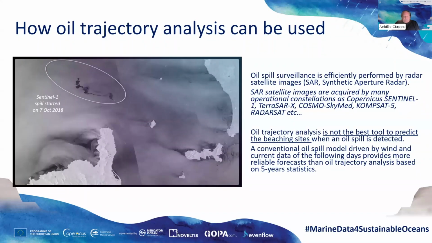Okay, so now these are the last slides, on how this information provided by oil trajectory analysis can be used. Now, I put this slide because this is a Sentinel-1 SAR, synthetic aperture radar image, showing an oil spill that occurred north of Corsica.